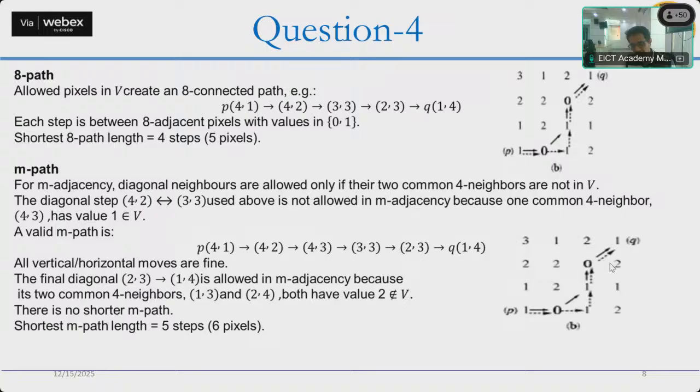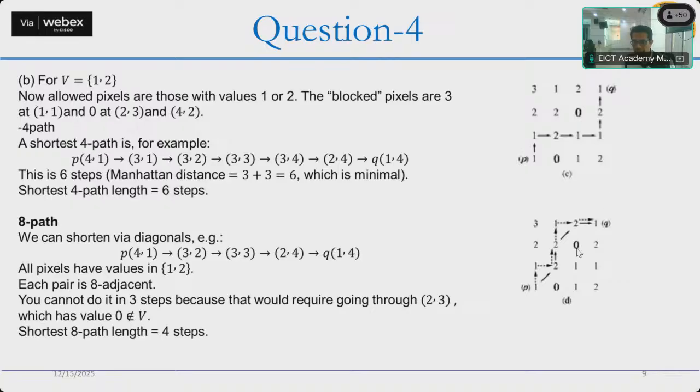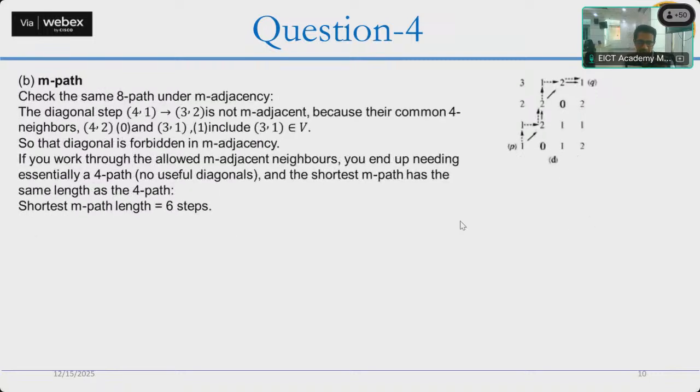But since there is no path through the 2, we can go through the diagonal, only when there is no alternate path. So here, since alternate paths are available, we will not use the diagonal, and your M path will also be equal to the 4 path. Understood, I think.